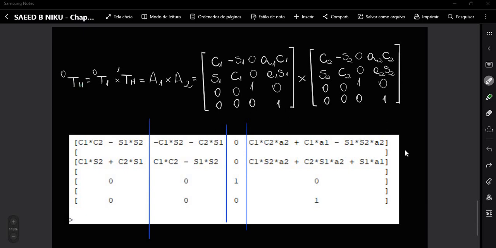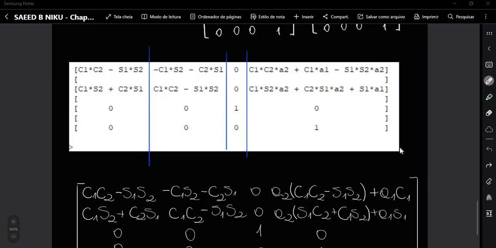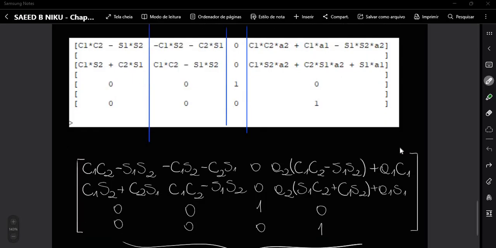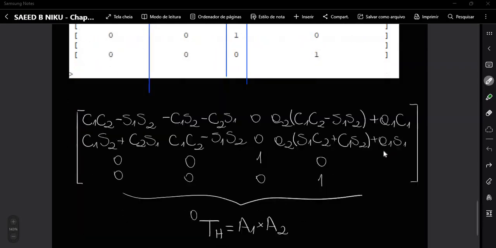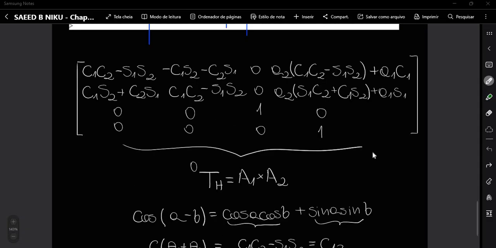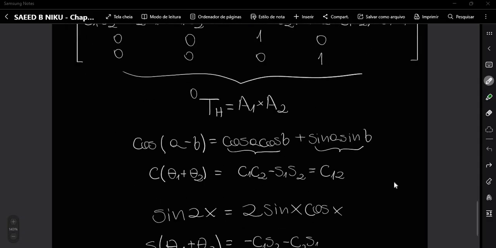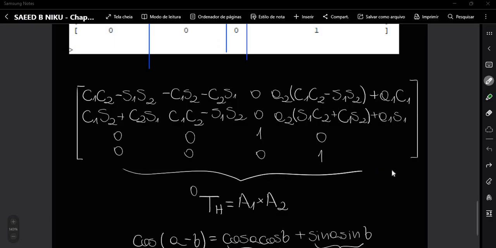Okay, so let's continue to solve this example. It is example 2.24, and in the last video we were simplifying this matrix.